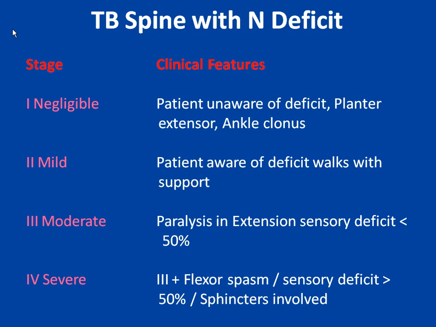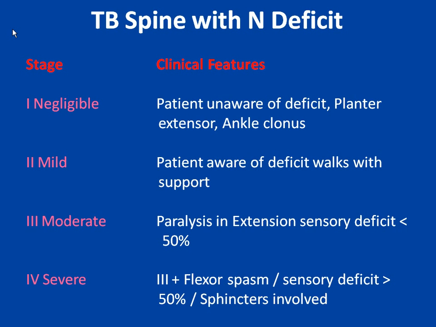In mild cases, the patient is aware of the deficit and walks clumsily with support, and you have definite neurological deficit. In moderate cases, the paralysis is roughly in extension, with the limbs in extension, and the sensory deficit is 50% or less than 50%.